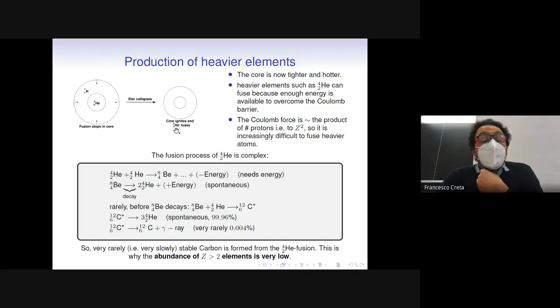Now, when we talk about fusing, we talk about essentially overcoming the Coulomb barrier, the mutual repulsion between the nuclei of these atoms. Now, the Coulomb force is proportional to the square of the atomic number. So that's why it's increasingly more difficult to fuse heavier and heavier atoms.